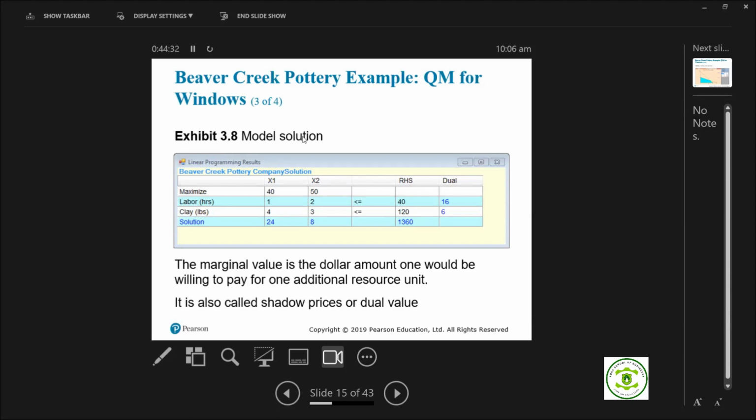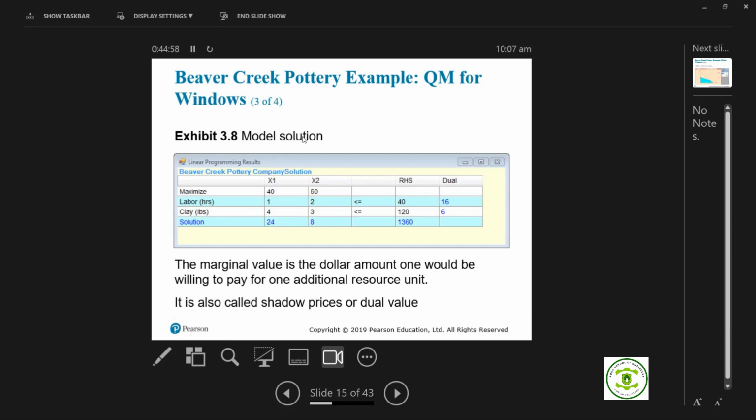Take note of that. Okay. We are saying that as a manager, this guy should know to never buy an additional pound of clay for more than what? $6. Because it is going to add $6 to what? Your profit. So don't pay more than the value it will bring.